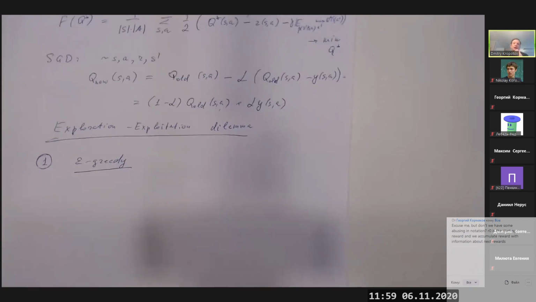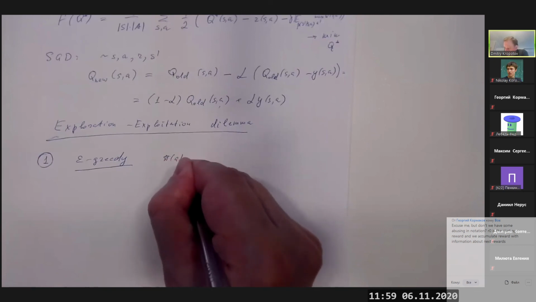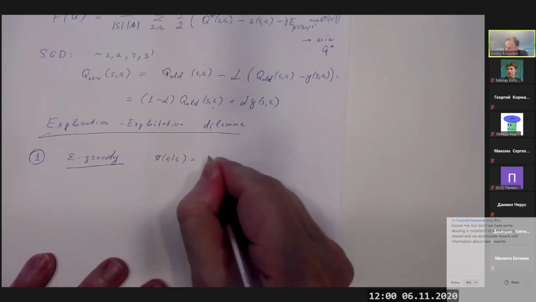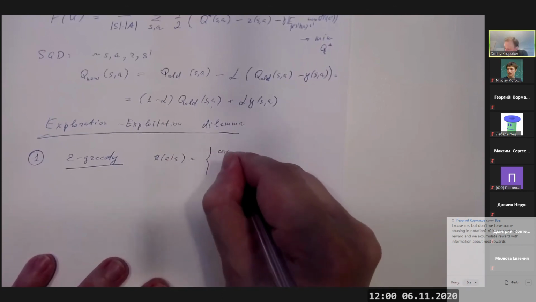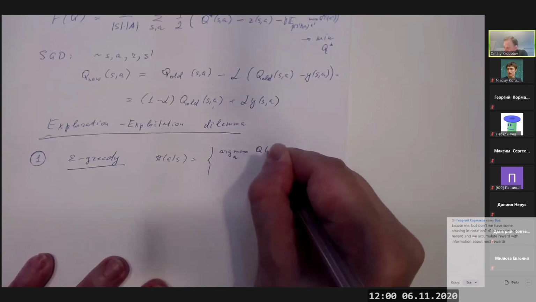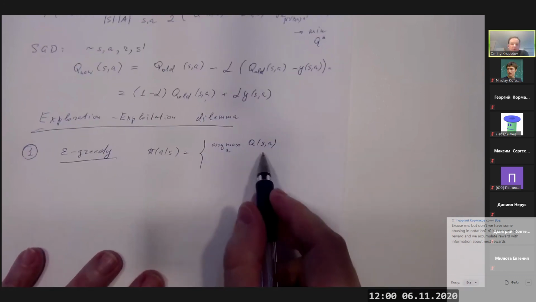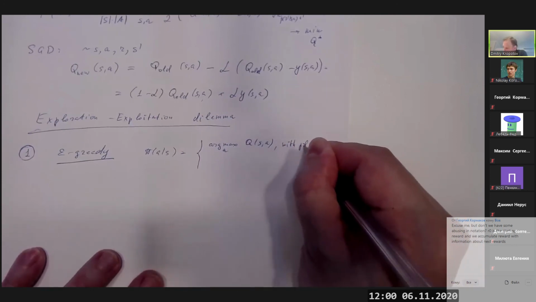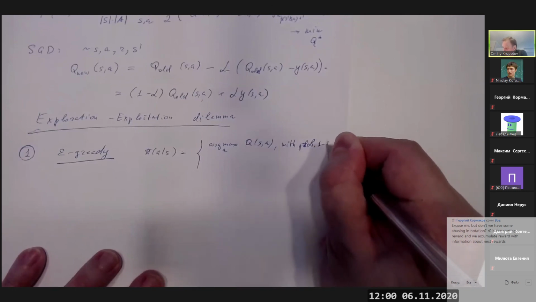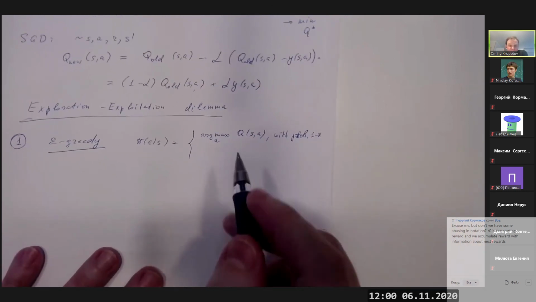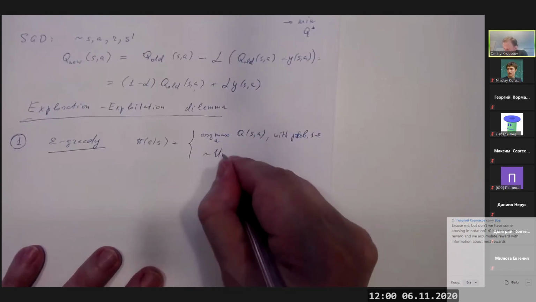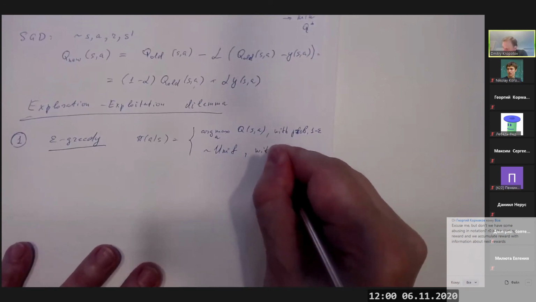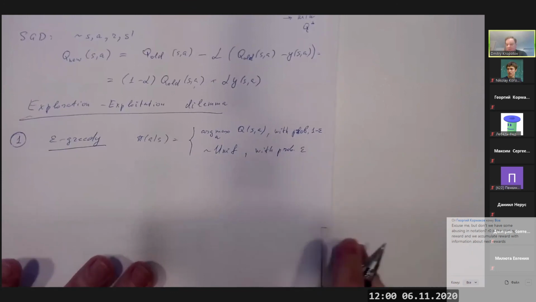In epsilon-greedy, the idea is actually very simple. At the stage of choosing action A in the current state S, you do the following. You choose your action according to the current estimate of your Q function with probability 1 minus epsilon, and you choose a random action from the set of all possible actions with probability epsilon.